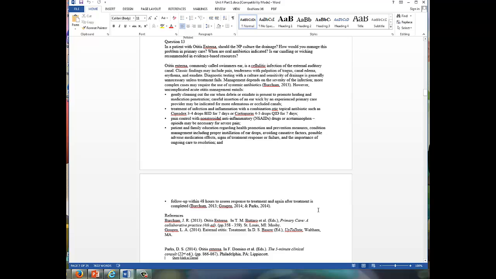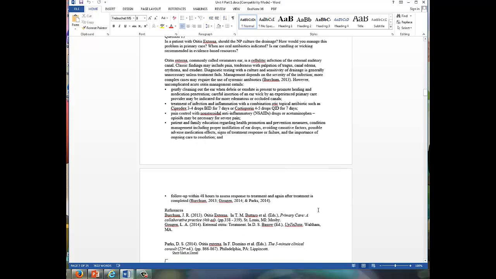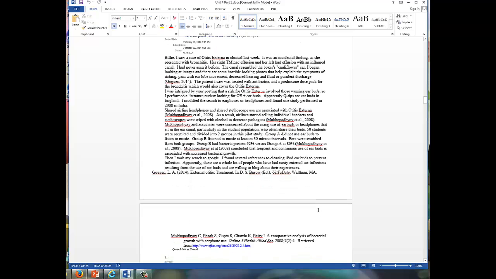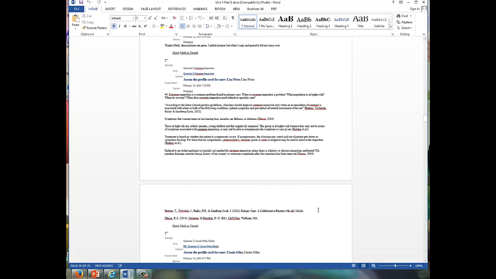Okay, so do we need to culture the drainage? Go ahead and read that over. You need to know how to treat an otitis externa, maybe common organisms, things like that. Cerumen impaction. When is it a problem?